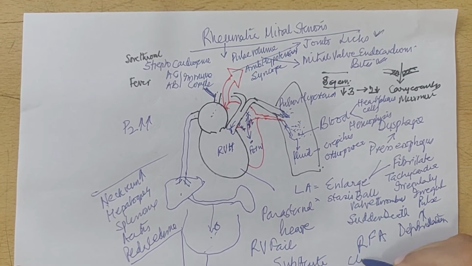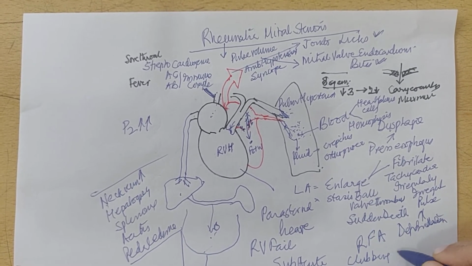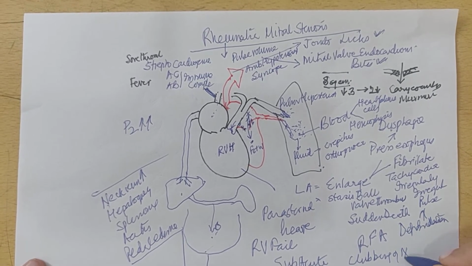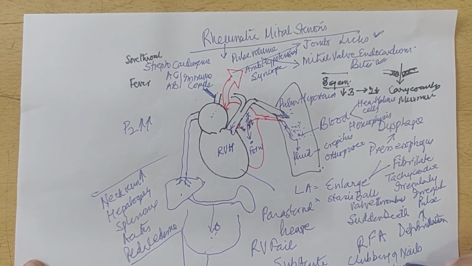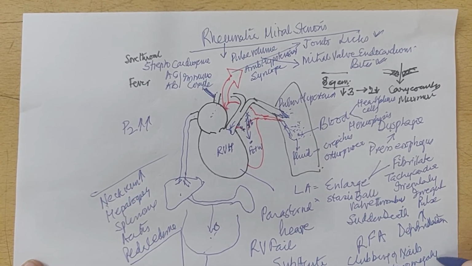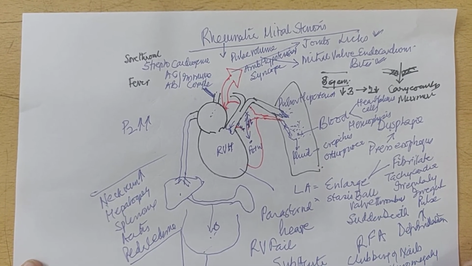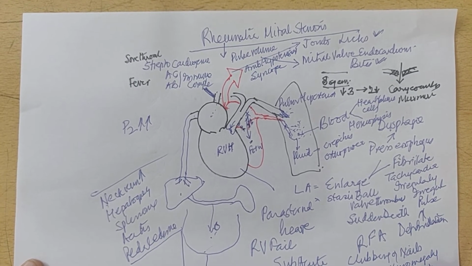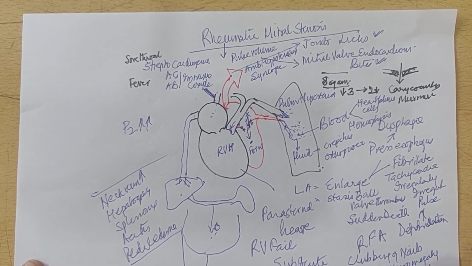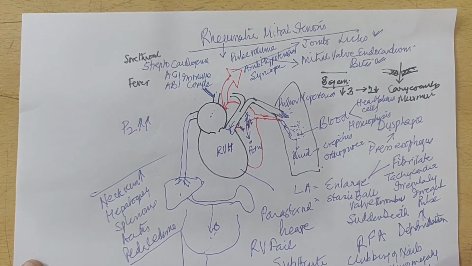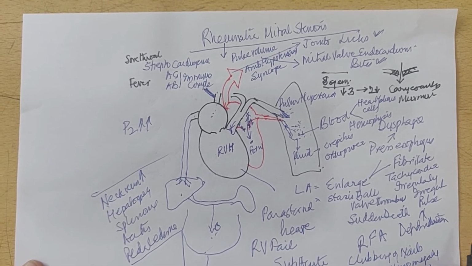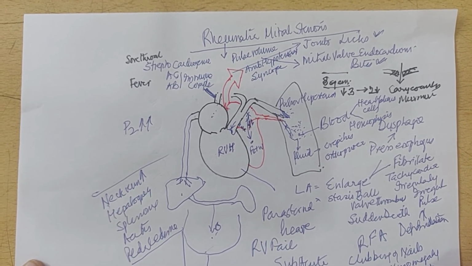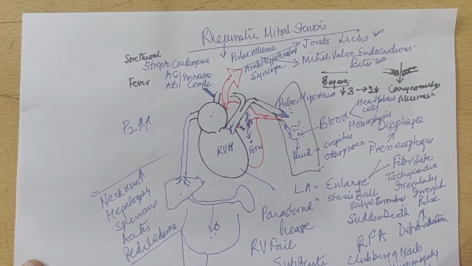The first is clubbing of nails. The second is tender splenomegaly with splenic rub. The third is petechial hemorrhages, which you can see in the retina or the conjunctiva. And the fourth is microscopic hematuria.